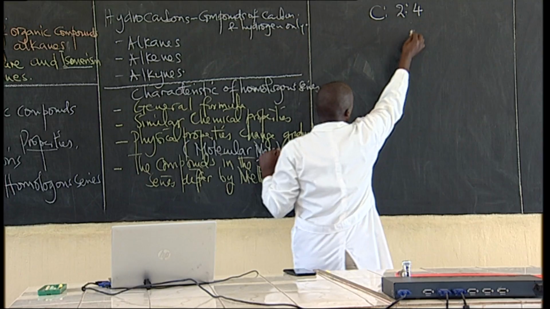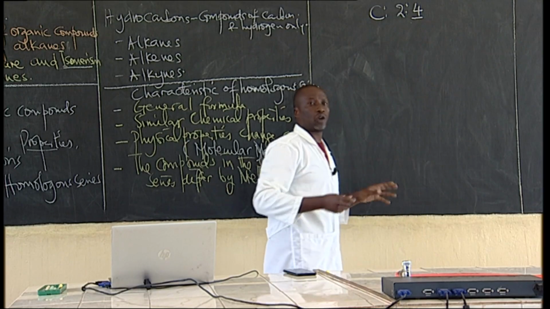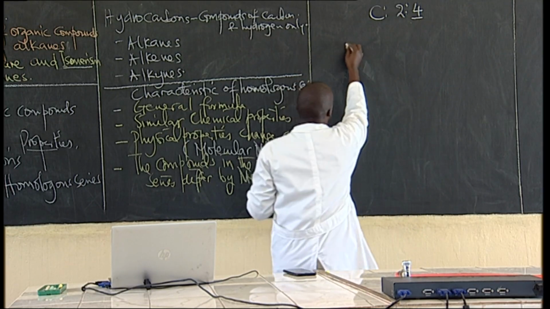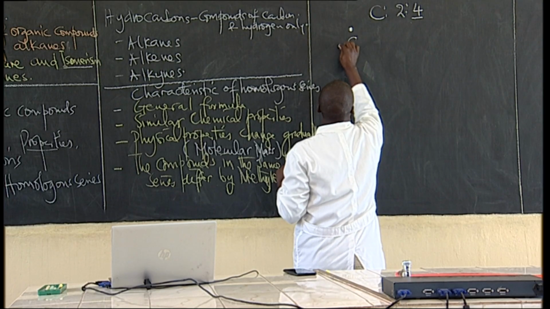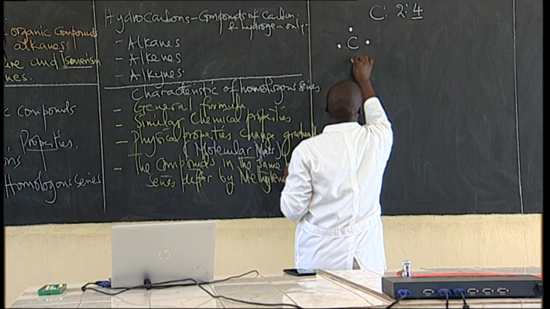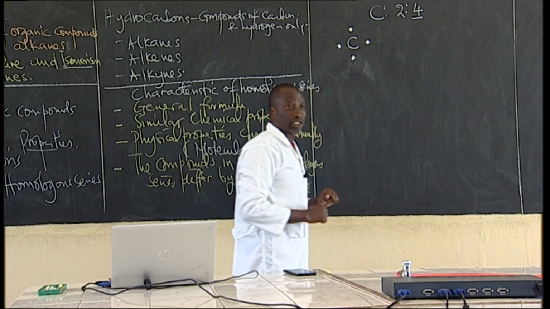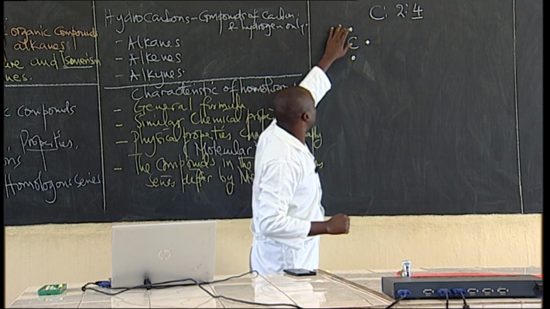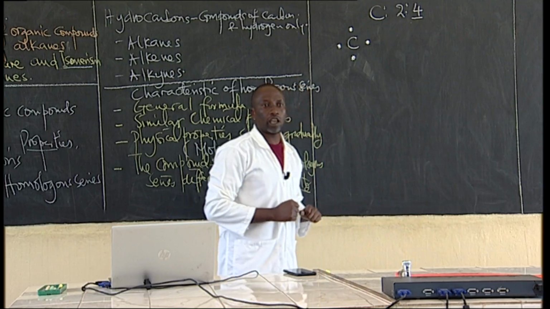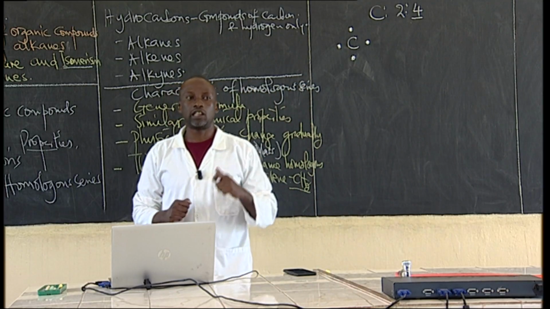What does this mean? It has 4 electrons in the outermost shell. If we represent these as the electrons in the outermost shell, carbon is able to use all of them.